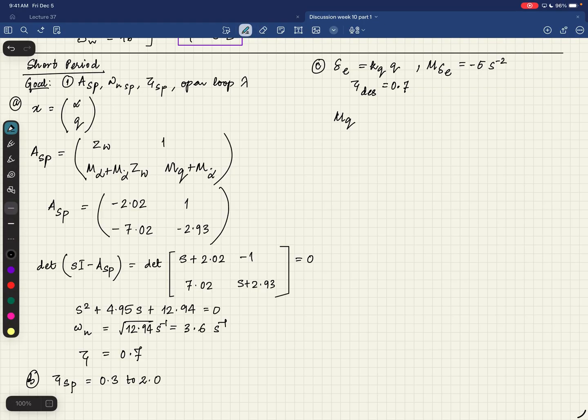the MQ term. And MQ, when you bring M delta E from the other side, so remember that you will have a second order system which would be equal to M delta E times delta E, and then delta E is given as KQ times Q. So the only thing that goes to the other side would be affecting the coefficient MQ, and your new coefficient is going to be MQ minus M delta E KQ.